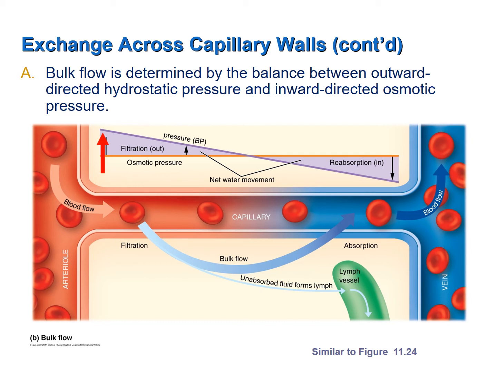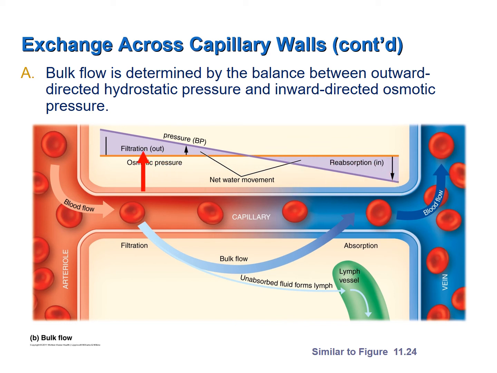Hydrostatic pressure is greatest on the arterial end of the capillary, steadily decreases to a minimum value on the venule end of a capillary. Osmotic pressure, shown here on the burnt orange line, is constant across the length of a capillary. Remember that osmotic pressure will draw fluid from the interstitial fluid into the capillary. And again, it's constant across the length of a capillary.